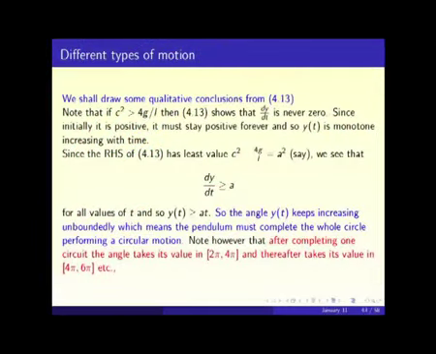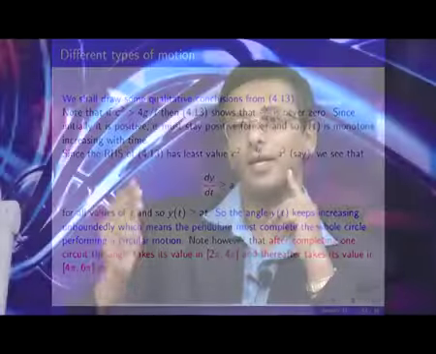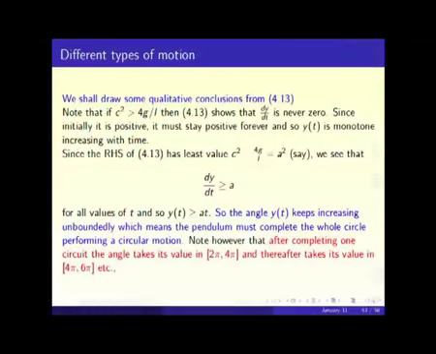After one circuit, the angle goes into the interval 2 pi to 4 pi. After the second circuit, it goes into the interval 4 pi to 6 pi, and so on. So if c squared is bigger than 4g by L, the pendulum has too much energy, it starts performing circular motions.